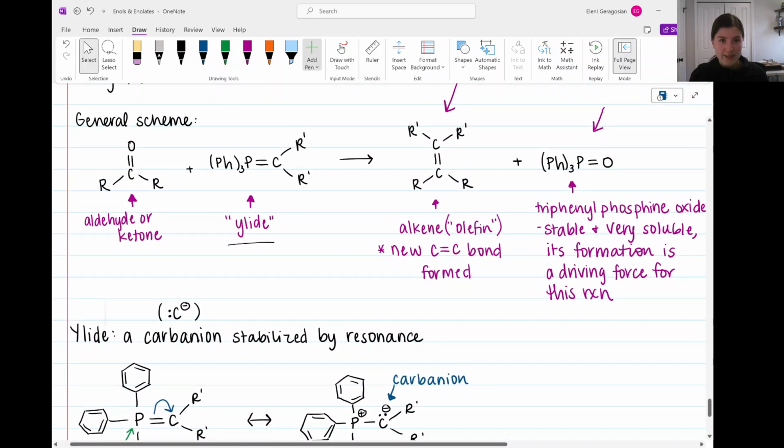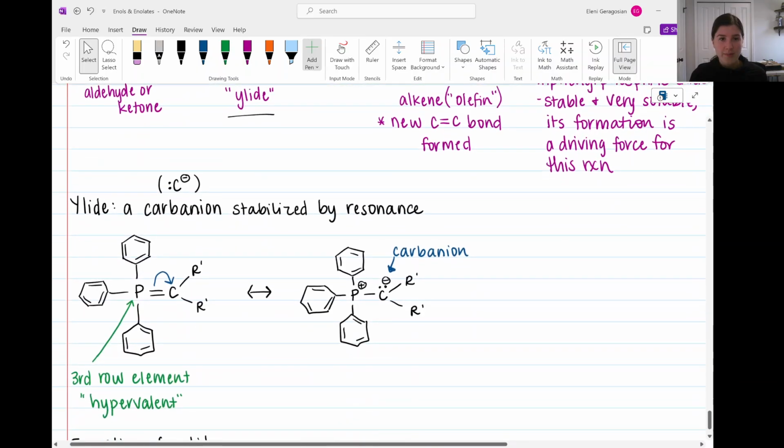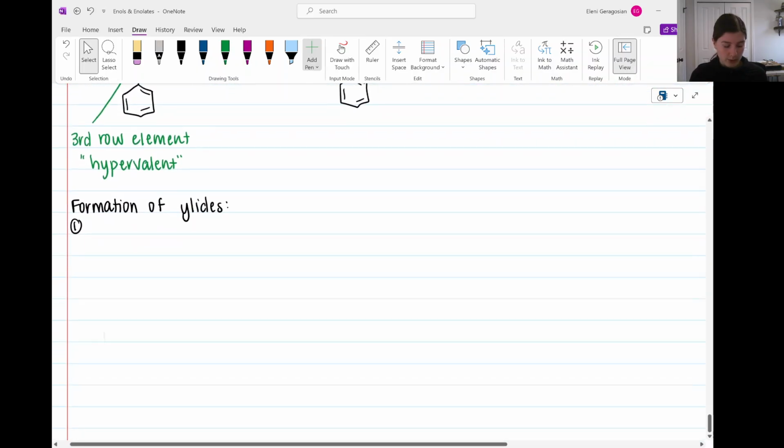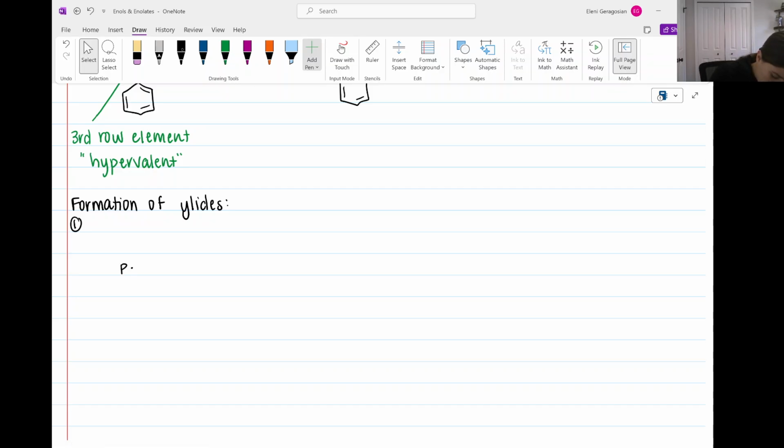So forming the ylide that reacts with an aldehyde or ketone to form the alkene. And then we'll show 2 different ways to form them. We start with triphenylphosphine. This is a stable molecule that can be purchased. So we have a phosphorus bonded to 3 phenyl rings. I'm just abbreviating with a Ph for phenyl. This is triphenylphosphine.